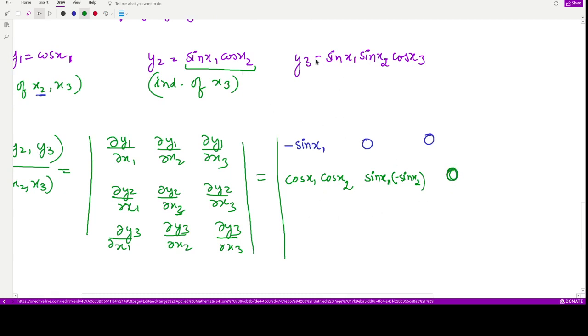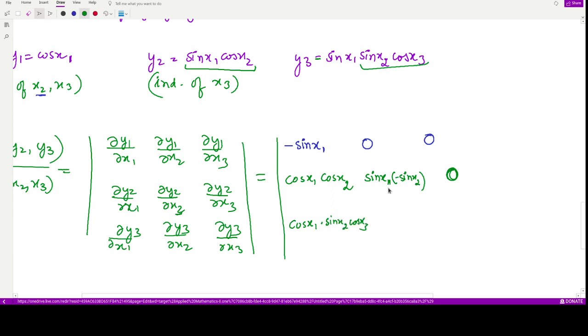For the third term, y3 is equal to sine x1 sine x2 cos x3. Its derivative with respect to x1, these terms would be treated as constant, so it would be cos x1 into sine x2 into cos x3.